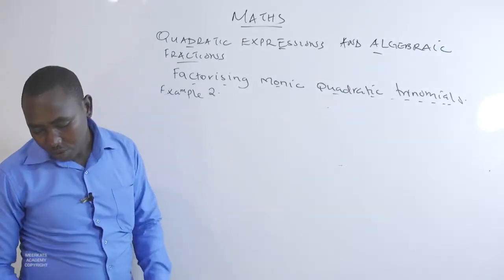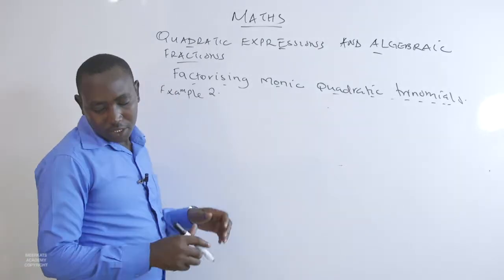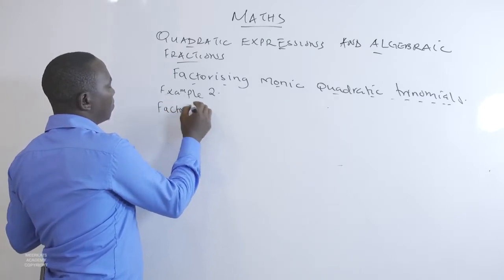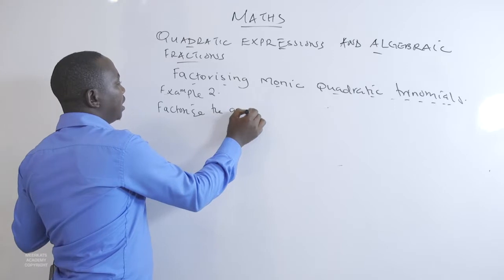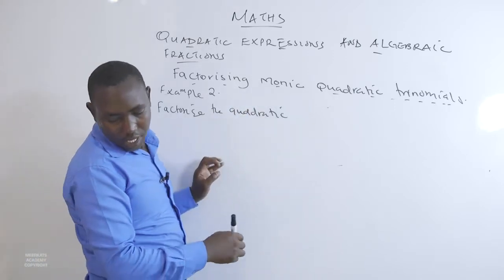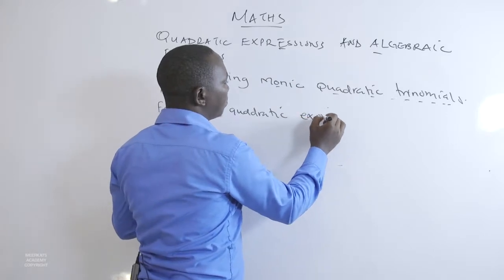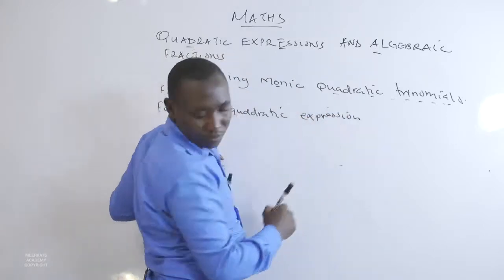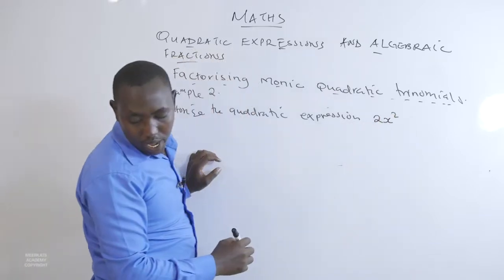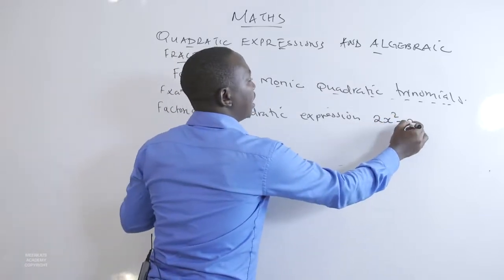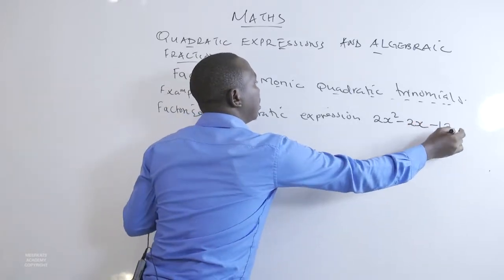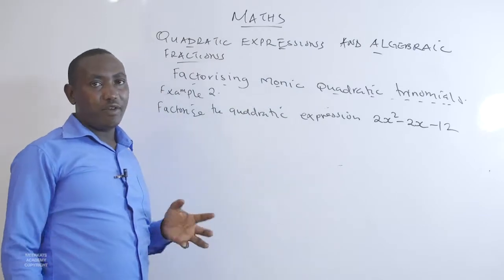Example 2, we are told to factorize the quadratic expression 2x squared subtract 2x subtract 12.